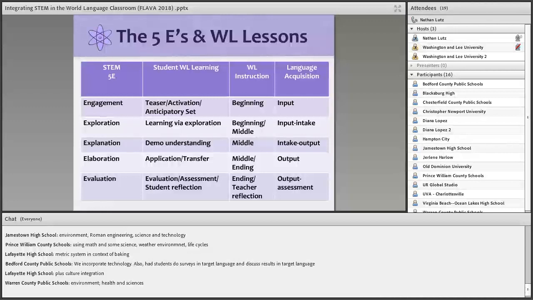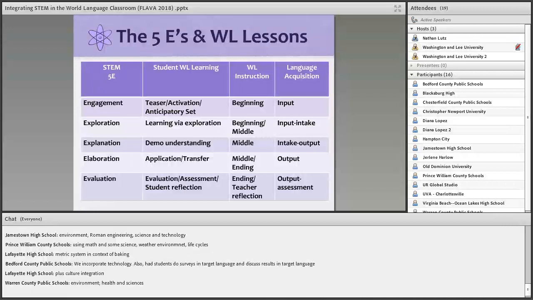You'll see on the far left, we have the STEM 5E listed. And then the next column has what portion or what part of the lesson plan in the world language classroom. And then the next column is the type of instruction that's taking place.